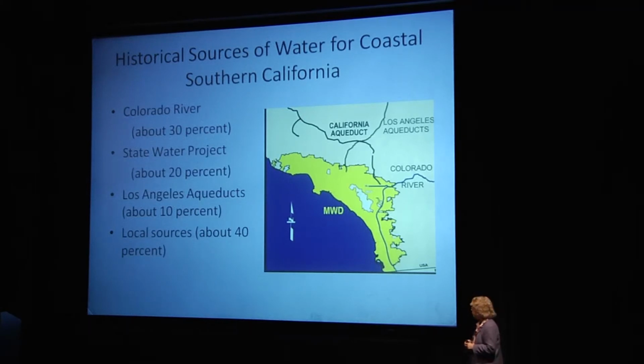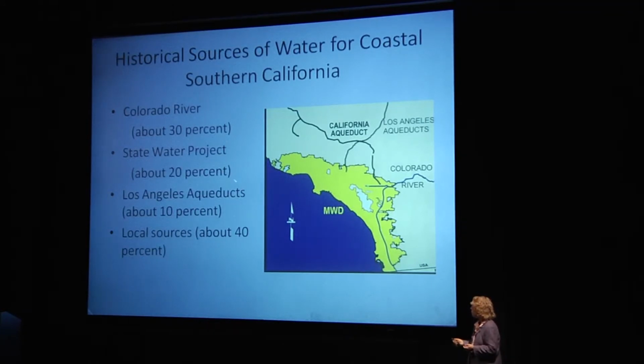The yield from these aqueducts has been reduced substantially in the last 20 years due to the need for Los Angeles to meet air quality requirements in Owens Lake, which means they have to divert water from there, or not exercise all the water they could develop to meet that, and also the environmental requirements for the tributaries around Mono Lake.